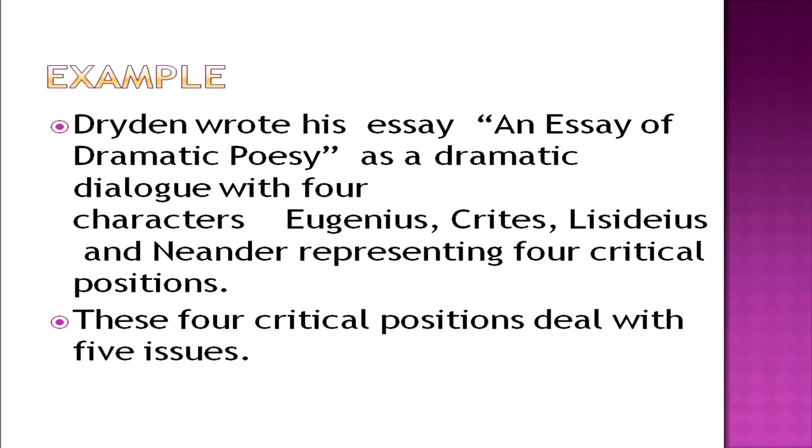These four critical positions deal with five issues. And here, if you look very closely, you will find that it is Neander who has the authority of the author. That means he is speaking on behalf of the author. So, whatever he says is the main point.